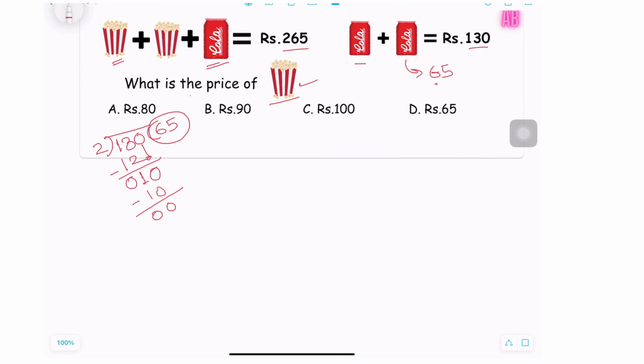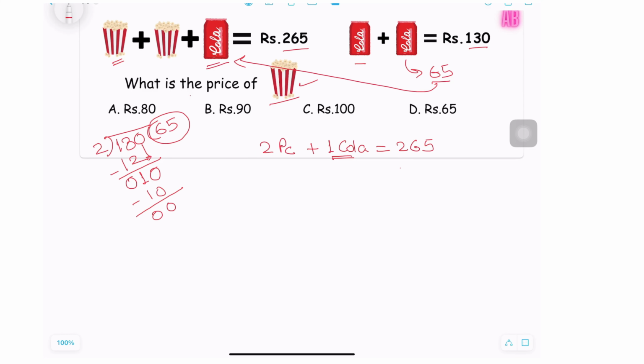So we will just simply substitute this here. So let's write this equation. 2 popcorn, 2 boxes of popcorn. I am writing it as PC for popcorn, and 1 cola is equal to 265 rupees. And we know that 1 can of cola is rupees 65.